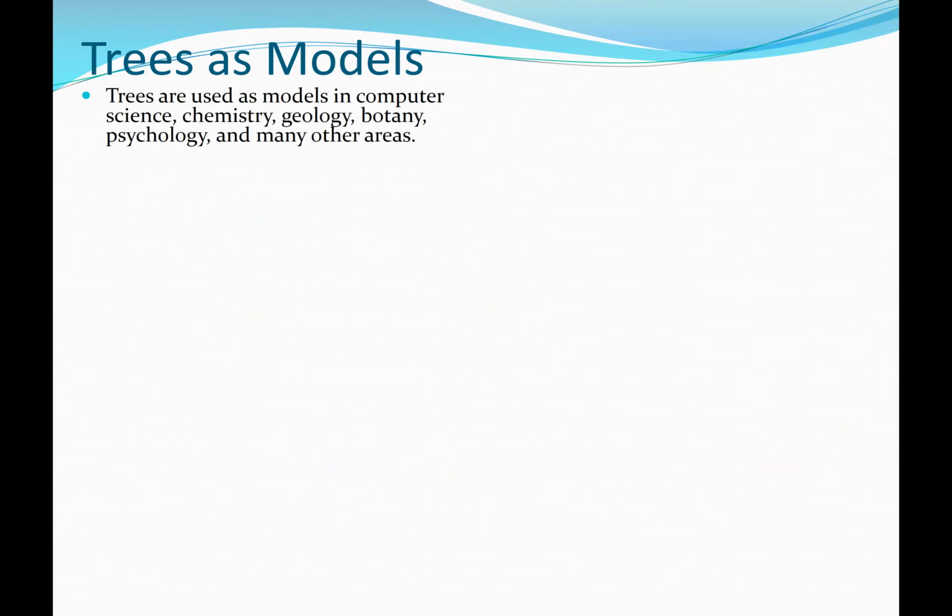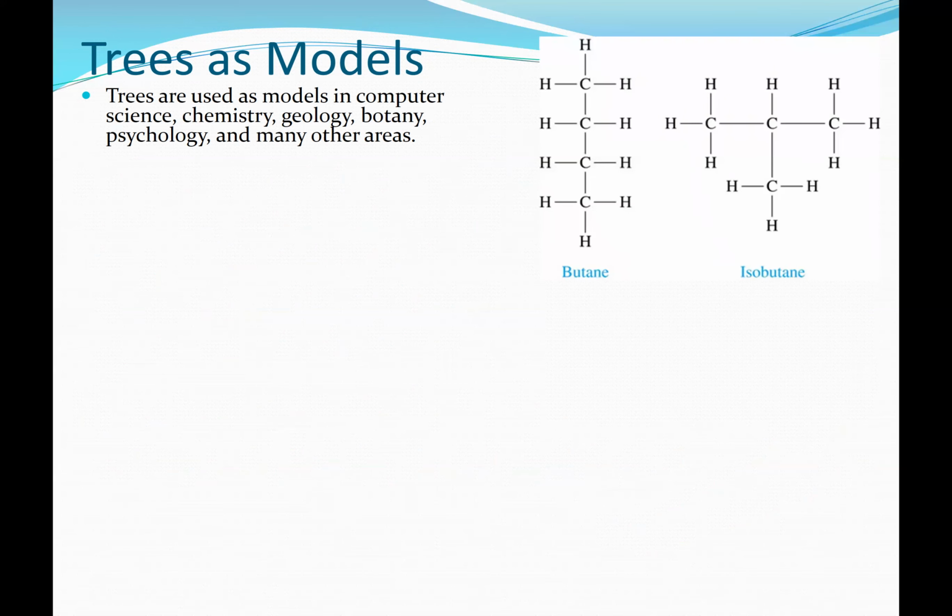So trees can be used as models in a lot of areas, especially computer science, chemistry, geology, psychology, and many others. Take organic chemistry, for example. You have butane and also isobutane, right? They are different representations of butane.